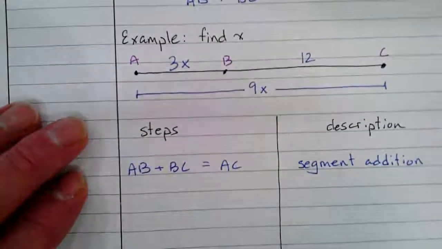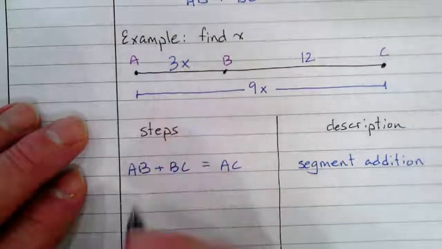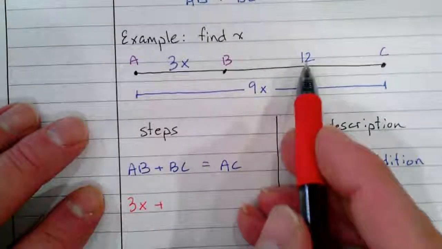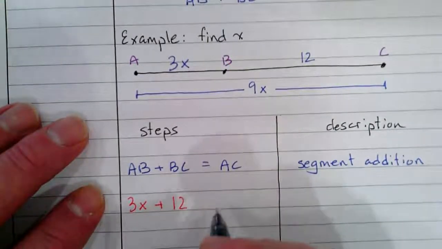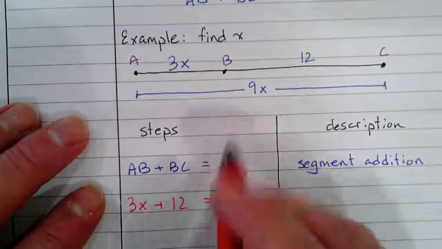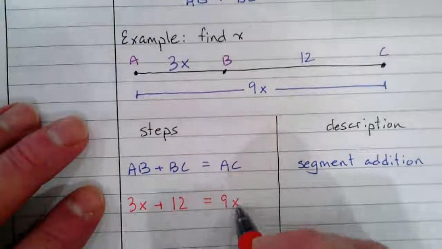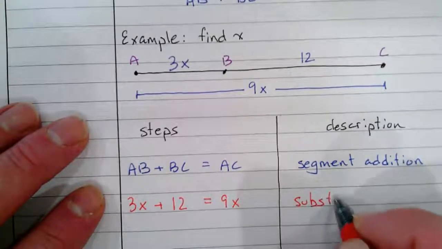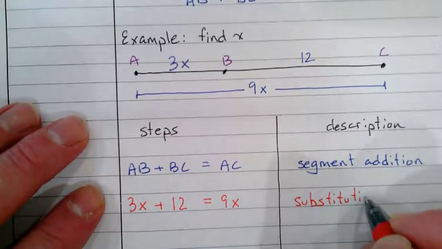Next, we'll do some substitution. AB is going to be 3x plus 12 equals 9x. And that step is substitution.